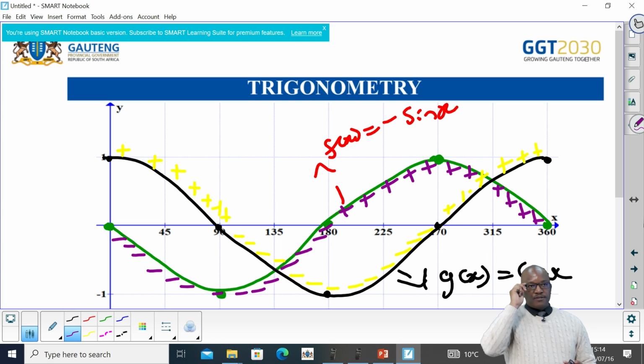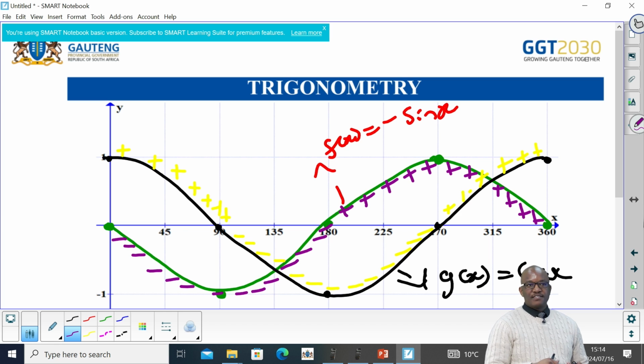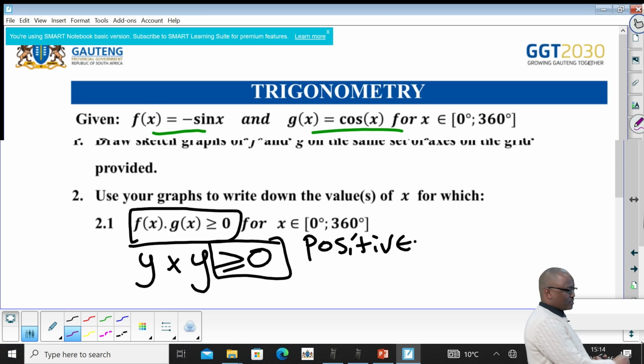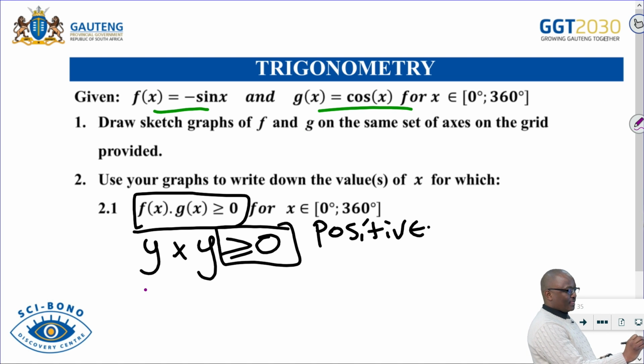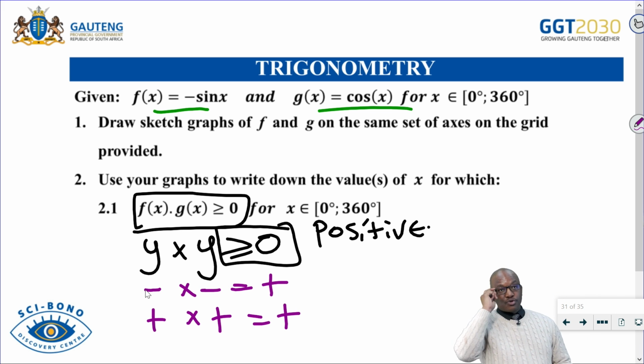Correct. So now, looking at this graph, remember the conditions here are as follows. Either you have negative multiplied by negative, you are going to get positive, or you have positive multiplied by positive, you are going to get positive. Those are the two conditions.